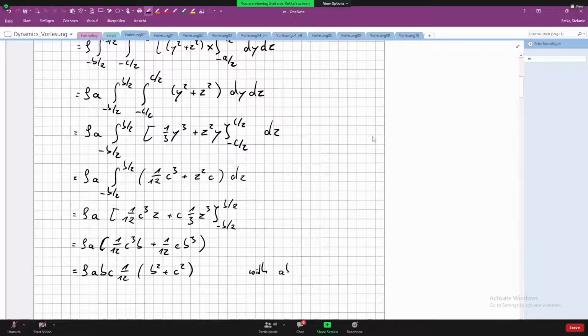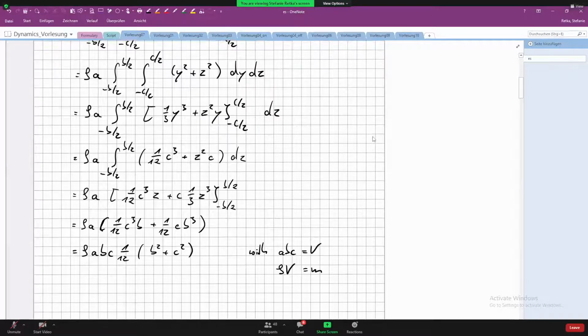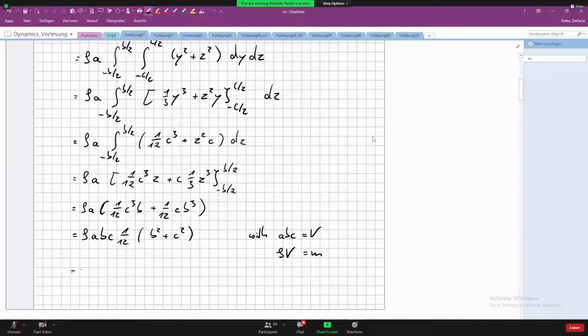Now, abc is the volume of the cuboid, and rho times volume equals the mass. And then this means we have 1/12 mass times b squared plus c squared. And that's our mass moment of inertia with respect to the main x-axis.